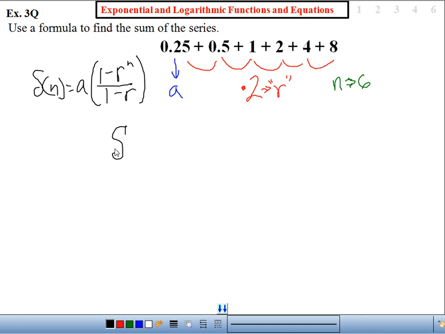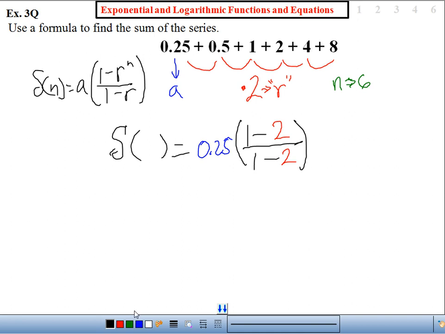S of 6 equals, what is a now? A is 0.25 times 1 minus over 1 minus, what is our r? Our r is 2 and 2. And what is our n this time? Our n is 6 and 6.